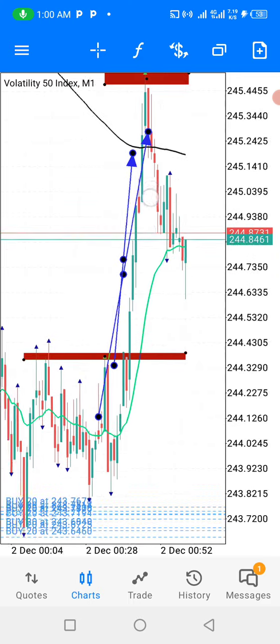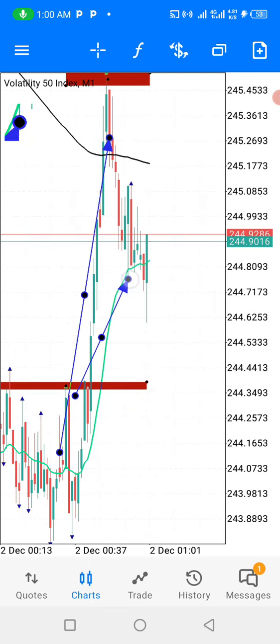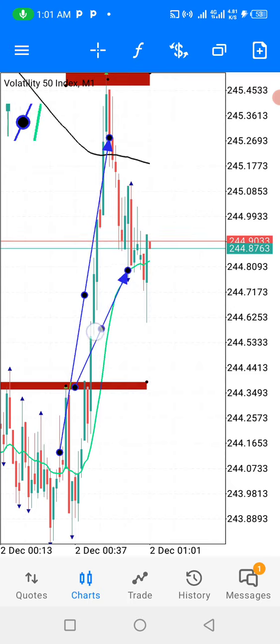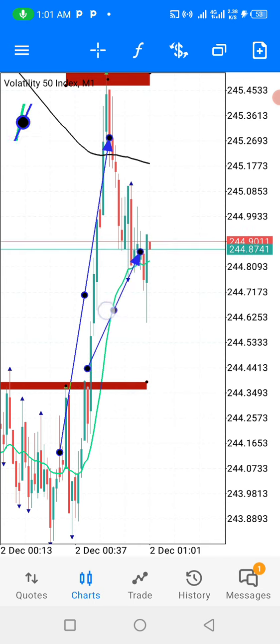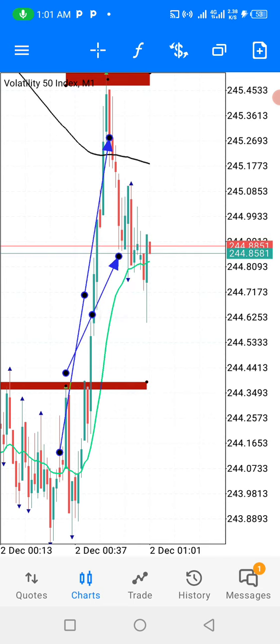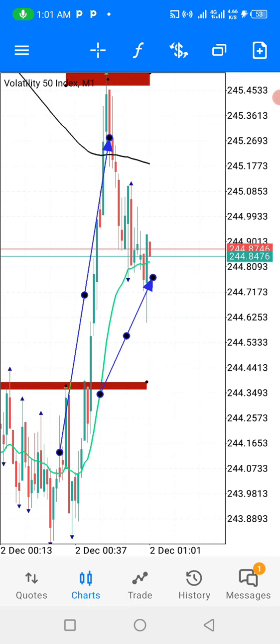But the general convention says that when price action is below the moving average 20, or any moving average at all, it can be any period, then you look for sell. But I'm telling you the truth, because of the lagging behavior of indicators, they are not reliable.